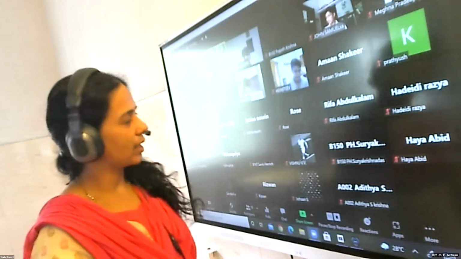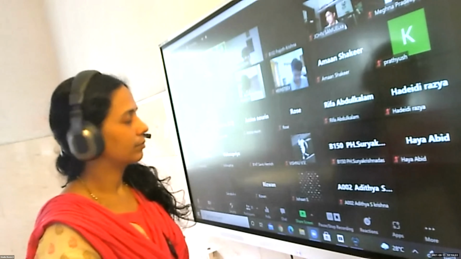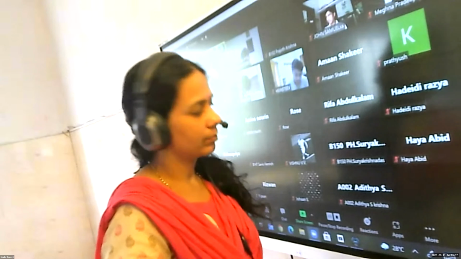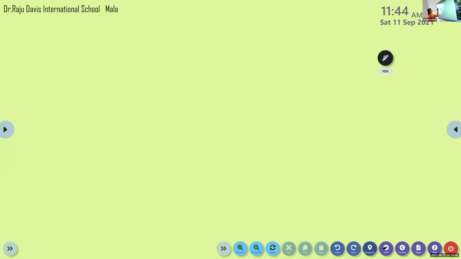Determine the probability that the pen taken out is, first one, defective, second one, not defective.